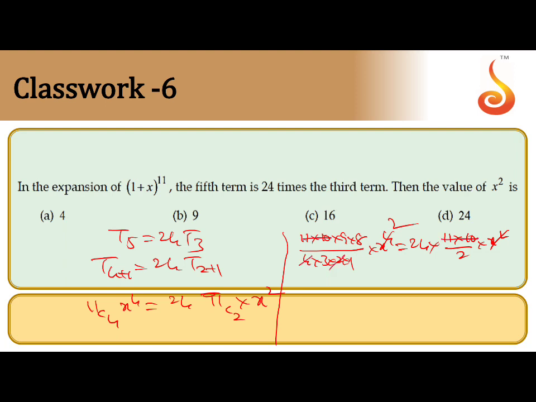So 4 into 2, 8 cancel. 3 and 3 cancel. So what is left on the right side? Only 3x square on the left, and 12 on the right. So 3x square equal to 12, x square equal to 4 is the answer. I hope everyone understands. What I told, calculation should be faster to get the answer easily. So I hope you understand this question.